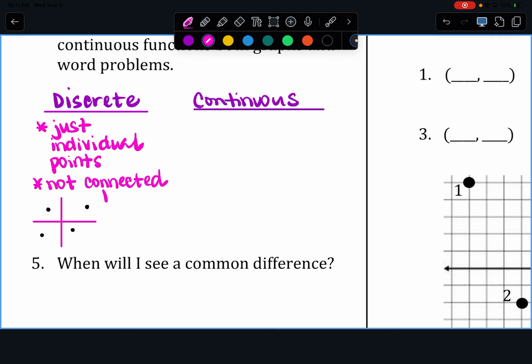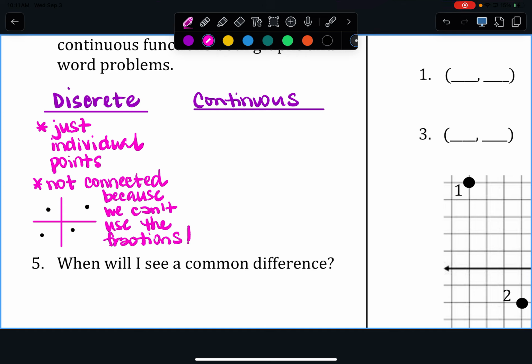Not connected because we can't use the fractions, right? Because if I were to connect these dots, that means I'm including all the infinite decimal and fractional values that exist between the dots.